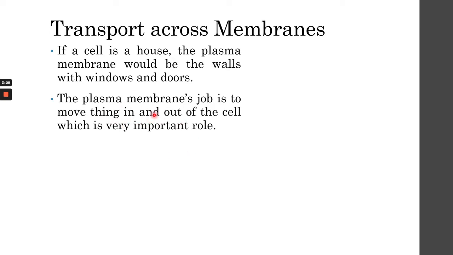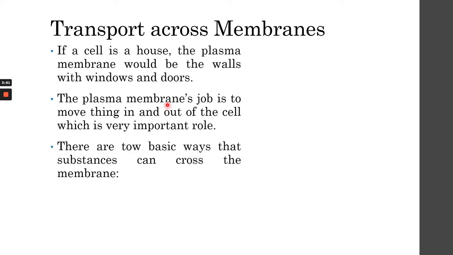For example, by sending signals from inside to outside, or it can take nutrients from outside to inside in order for it to survive. So there are a lot of functions in transporting molecules in and out, and it's a very important role that the plasma membrane is very good at doing.